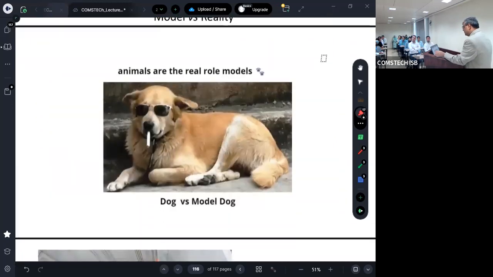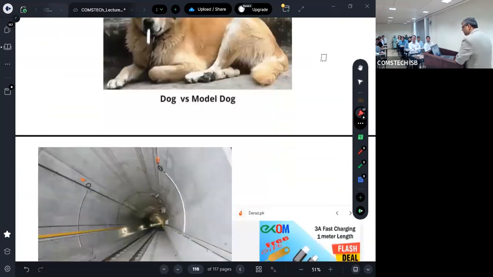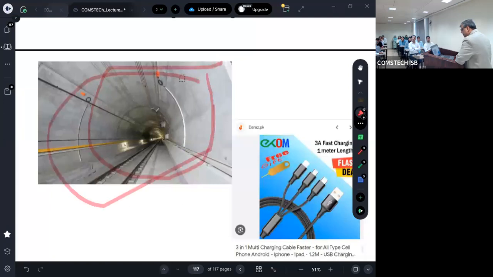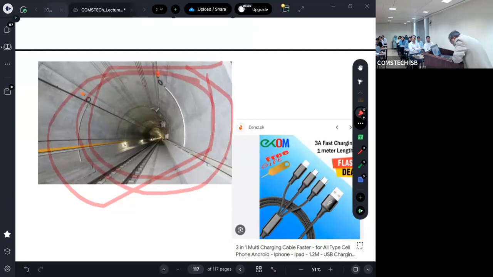So again, animal models. Finally, students, there is a photograph on the left side, a photograph on the right side. What is the photograph on the left side? Tunnel. On the right side? Multi-charging cable, faster for all types of cells, Android, iPhone, iPad.